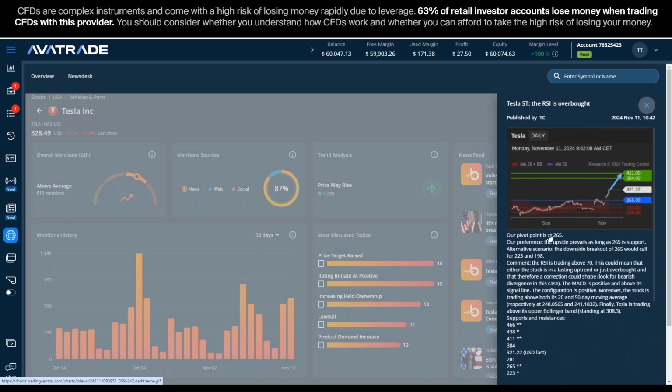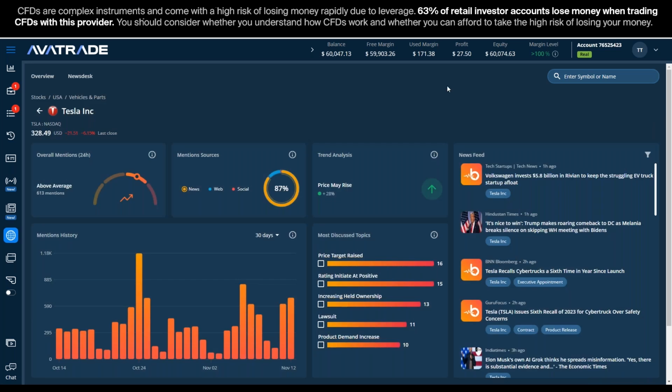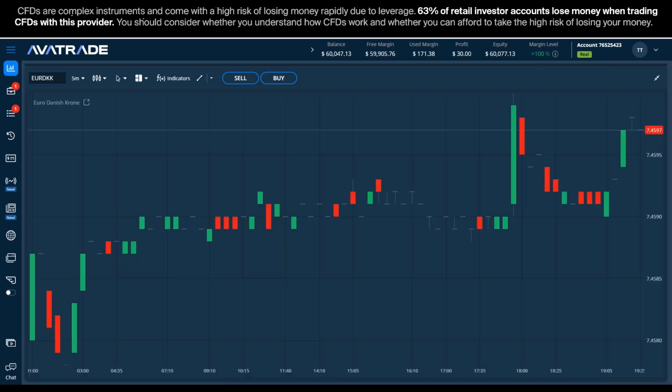You have the technical signal right in the same spot where you can get fundamental news about that instrument. The U.S. market is open now, so you can take a look at Tesla and see if that interests you, after you look at a couple of articles and the trend analysis, which shows a huge expectation of a rise, and then see what kind of entry price you have right now.